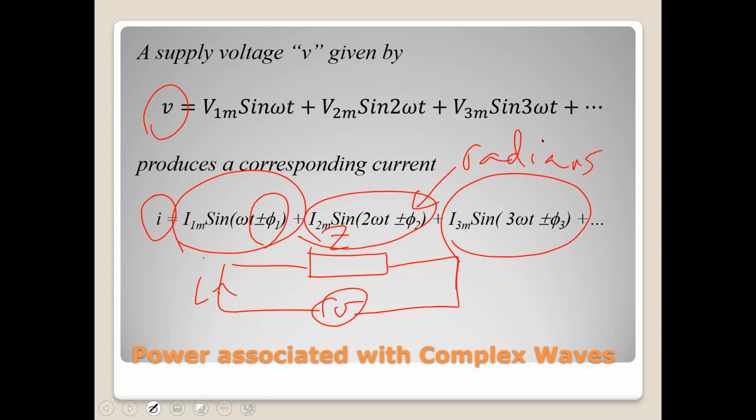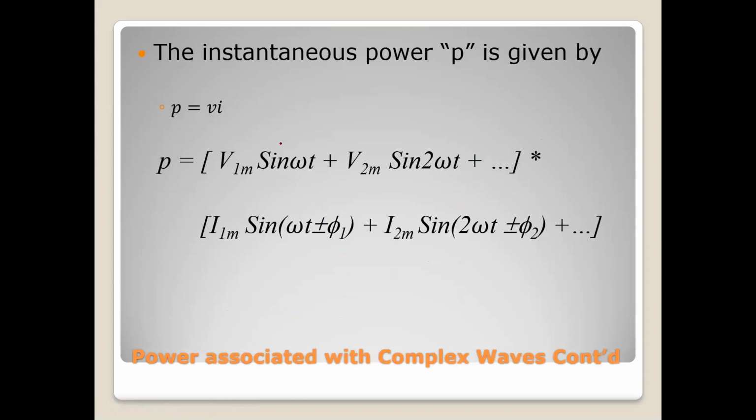All right. So we have a circuit. We connect our V. We get a corresponding current. What I'm going to tell you is something that you're just going to accept. All right. So the power, the instantaneous power, is going to be equal to the product of the voltage and the current. And we already know that. All right. We know that p is equal to v times i. Of course, we know it's VI conjugate, but for our purposes, it's v times i.